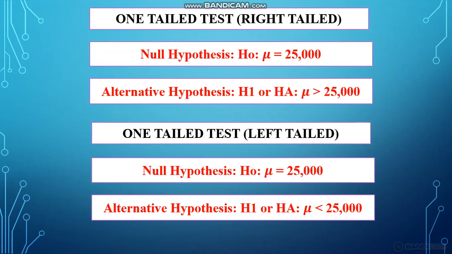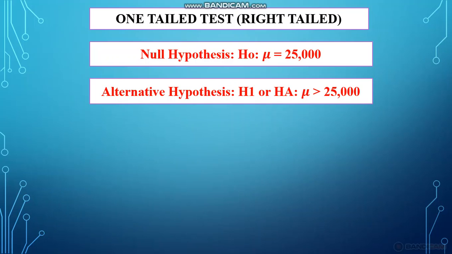If the hypothesis is like this, it is called a right tail test or a left tail test, that is, a one tail test. In the alternate hypothesis, if mu is greater than 25,000, then it is a one tail test and a right tail test.